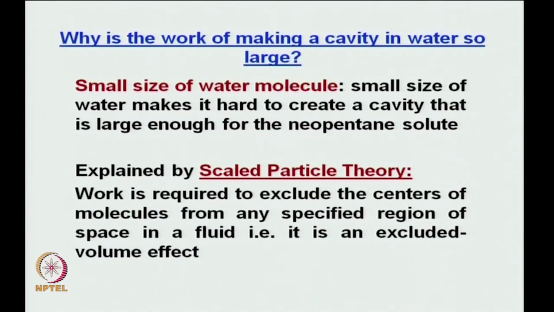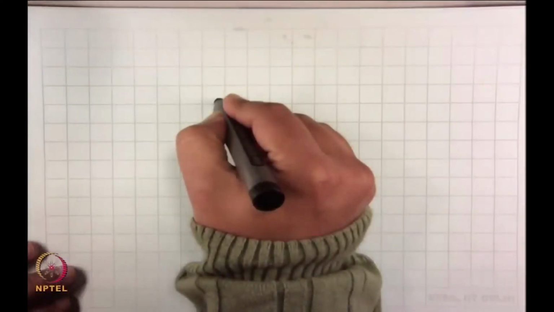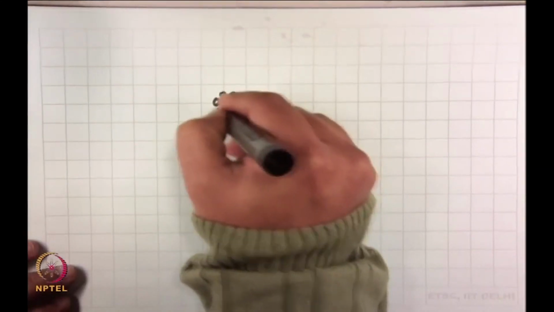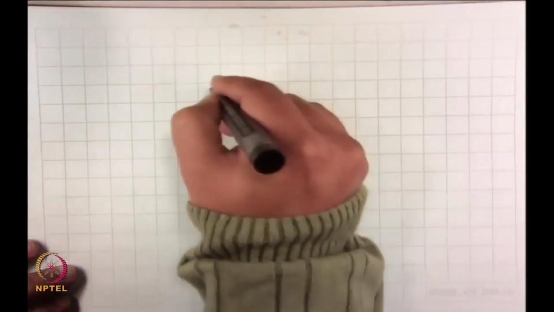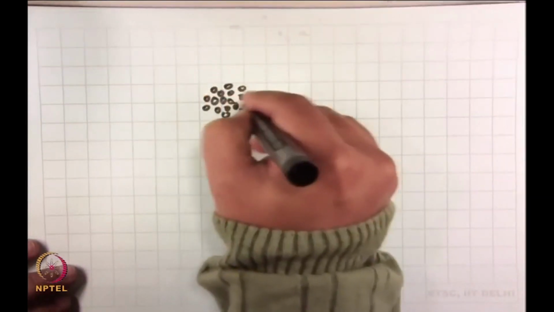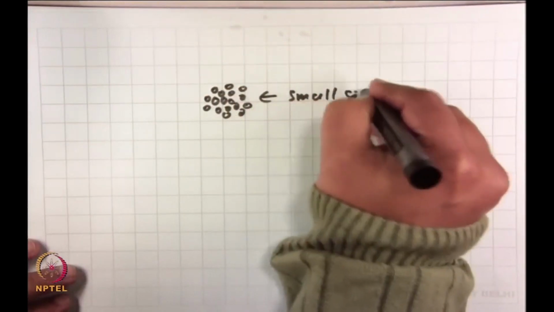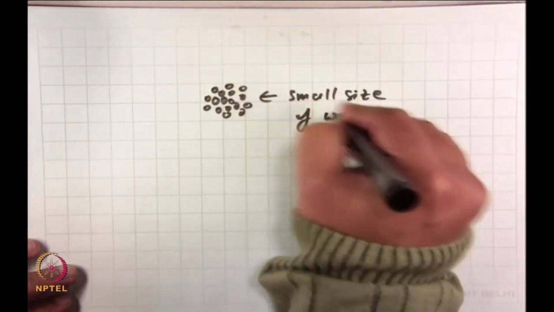If you can just try to give you a schematic, suppose these are water molecules, if the size is very small, this is the small size of water molecules.